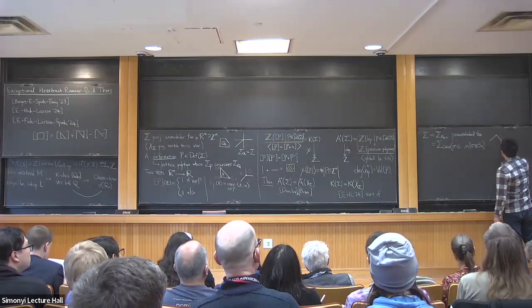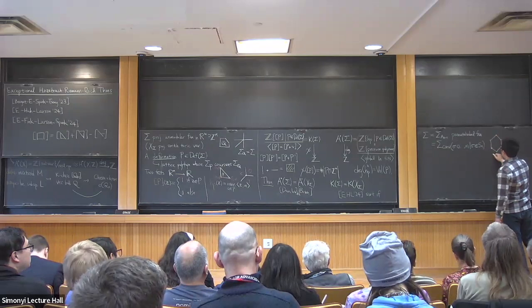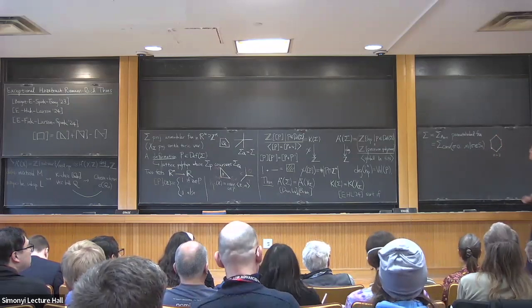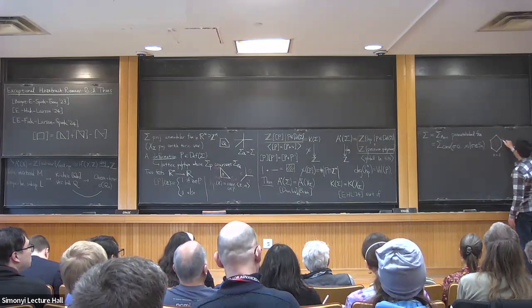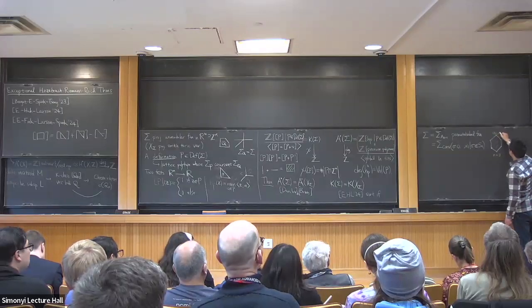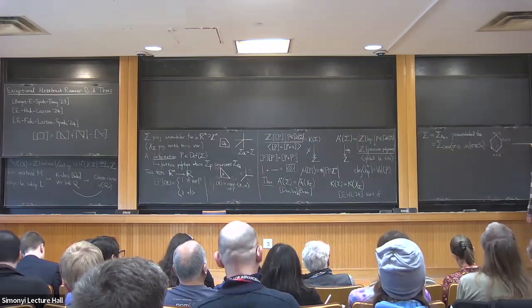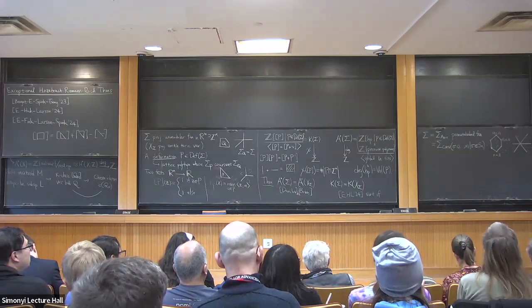So for instance, when n equals 3, this is a picture for the convex hull. For instance, it'll be (1, 2, 3), (2, 1, 3), and so forth. And the normal fan looks like the one, as expected, that Federico drew yesterday.